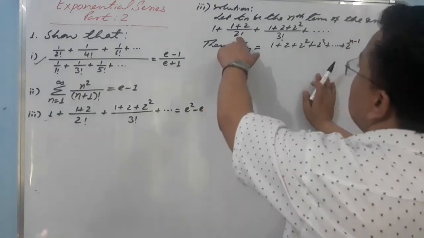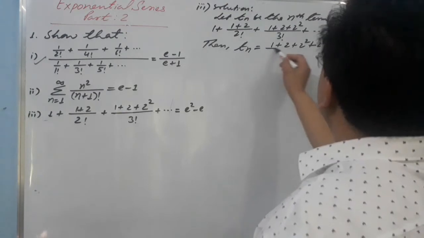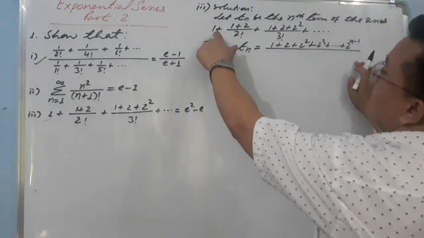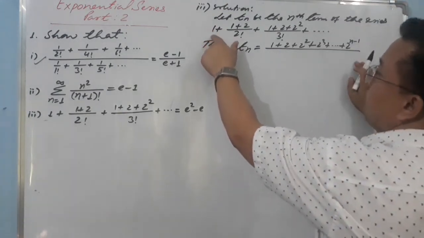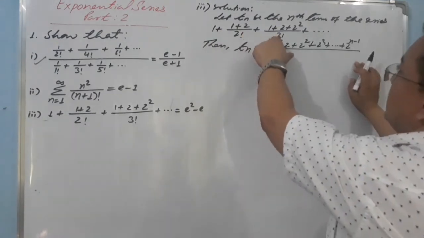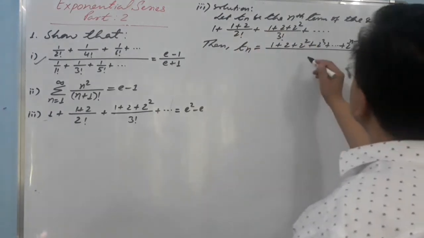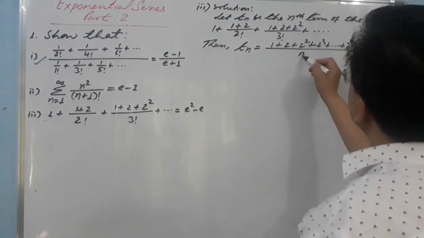Nothing is written in the denominator for the first term, which means 1 factorial; the second term has 2 factorial, the third term has 3 factorial. So in the nth term, definitely n factorial.